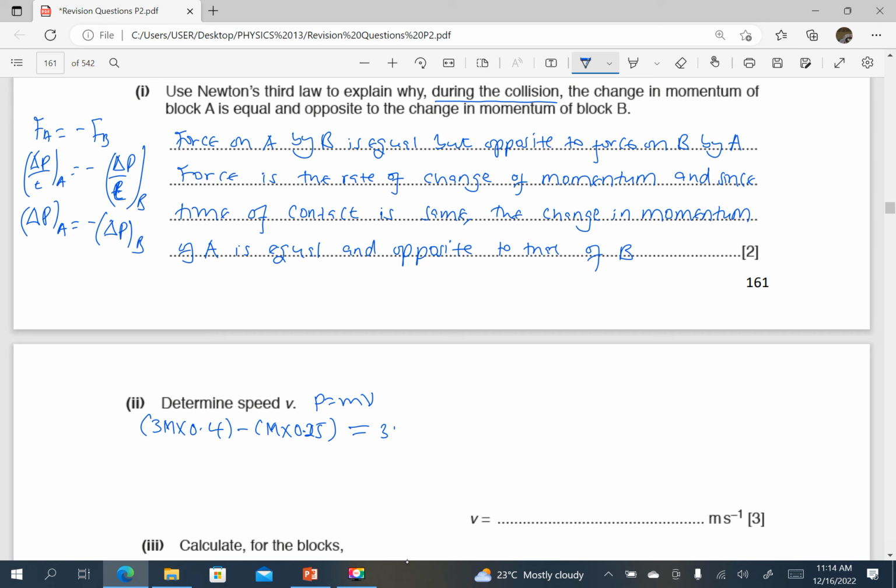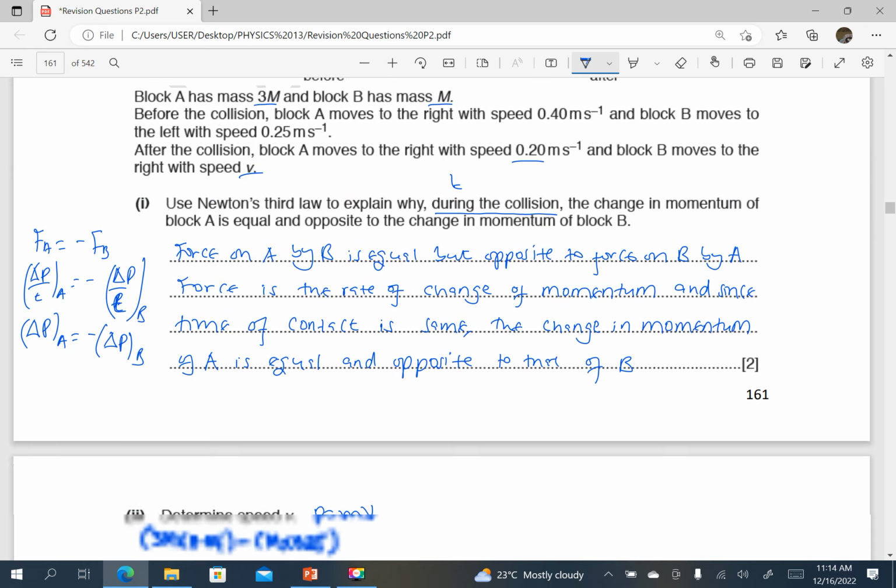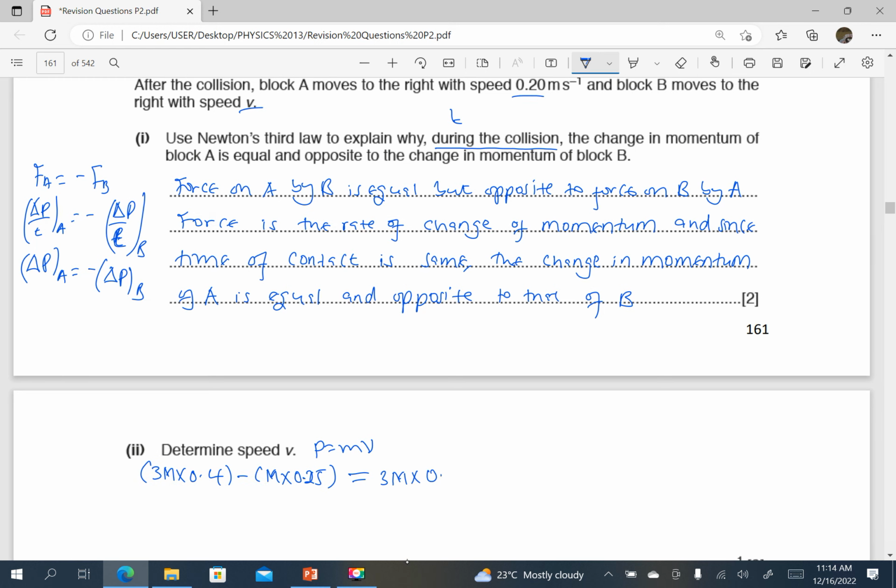The mass is 3m for A, and its speed is 0.2, plus the other one is m, and its speed is v. You see that m is a common factor, so it has cancelled out.